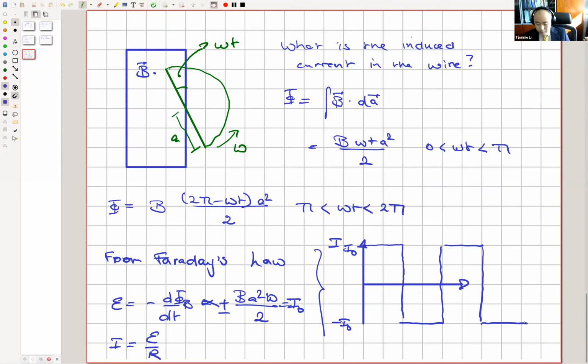Okay. So here we take a look at the amount of current going through, and we can see that a square wave is generated. So at pi, it suddenly flips the sign, and then at 2 pi, it flips the sign again, and so on. Otherwise, it generates a steady current.